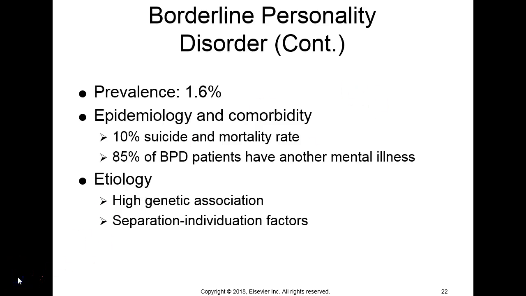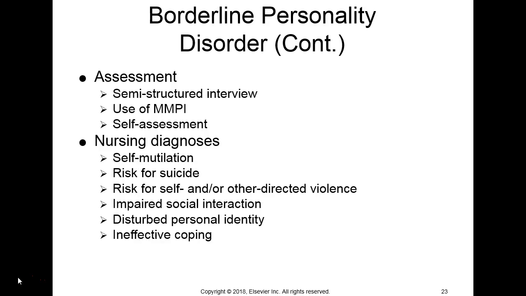Another comorbidity that we can also think about, and it kind of goes along with the many suicide attempts and self-harm attempts, is substance abuse. So sometimes people have substance abuse issues also as that comorbidity. So we are thinking about different ways to assess somebody.